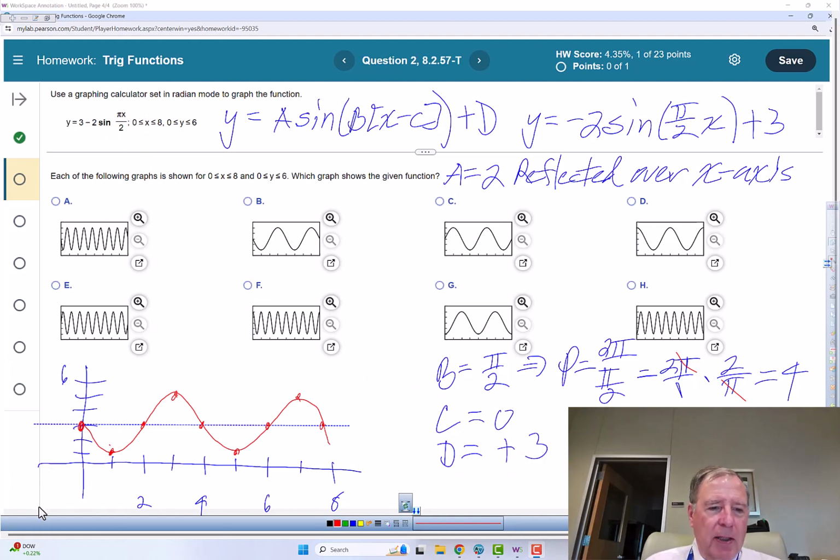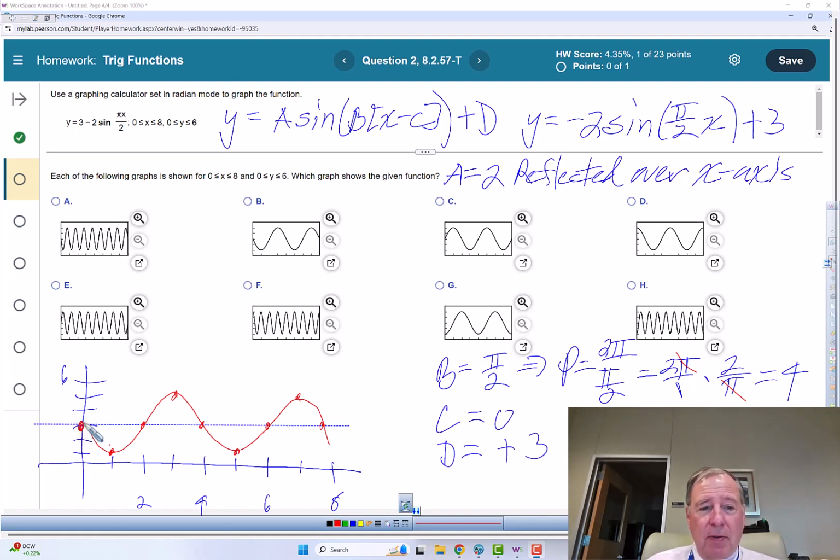So I made a set of axes here. I went from 0 to 8, and then from 0 to 6 for y. So what I do is I do a tick mark every quarter period. The period is 4, so each 1 unit is a quarter period. I went up by 3, and then I'm reflecting sine over the x-axis.